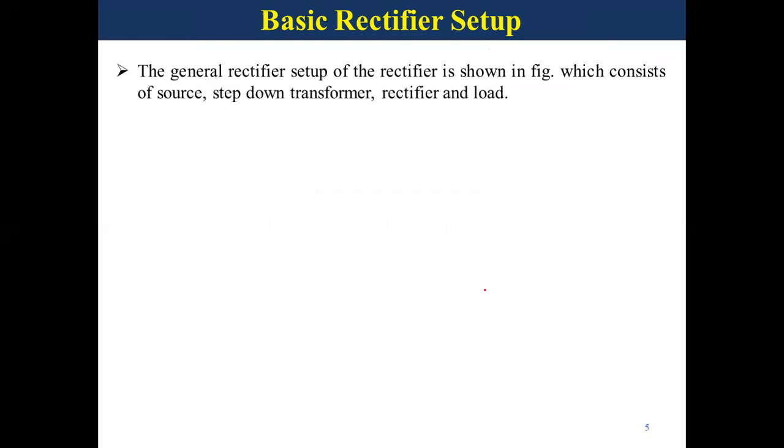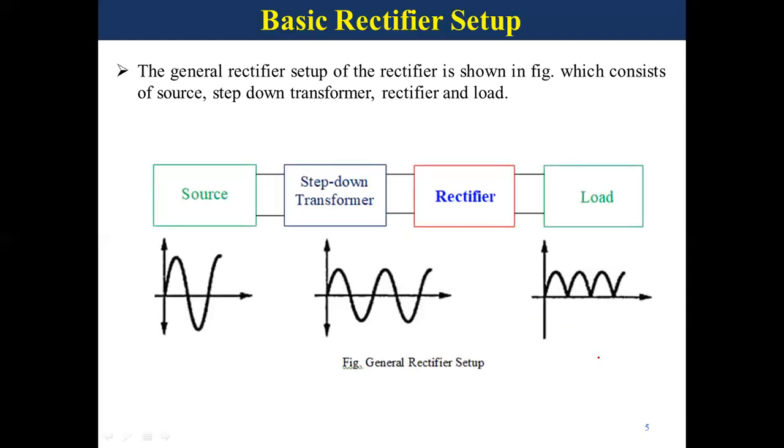The figure below shows the general setup of a rectifier circuit, which mainly consists of four blocks: source, step down transformer, rectifier, and the load. And this is the general rectifier setup. In this, the source is an AC source.